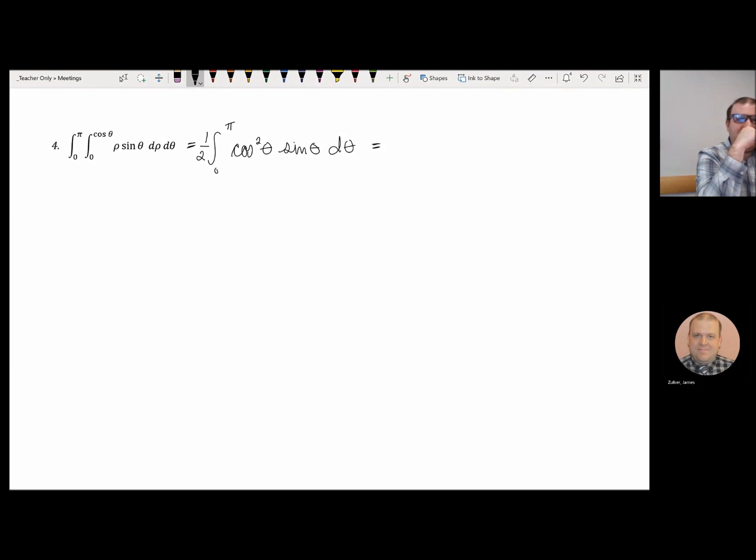Think, cosine theta equal U. Yep. You sub. So you get negative a third cosine cubed theta, then just times that 1/2.